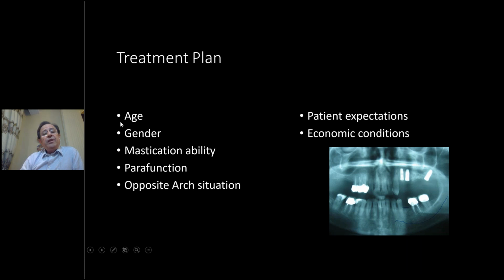Regarding age, if we want to put one single implant for a young person, for example for a first molar, and we have 5 or 6 millimeters of bone under the sinus, we prefer to do open sinus surgery and put at least a 12 millimeter implant, because the young person needs to use this implant for a long time.